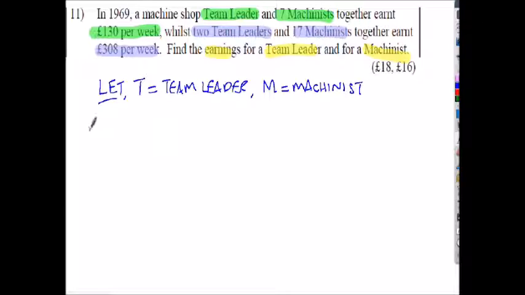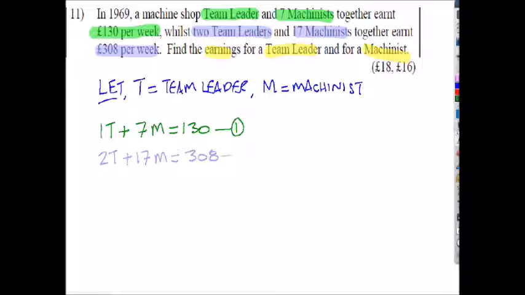So from the question I can see that 1 team leader plus 7 machinists earned £130 per week. Also from the question I can see that 2 team leaders plus 17 machinists earned £308 in the week. I'll call this equation 1.